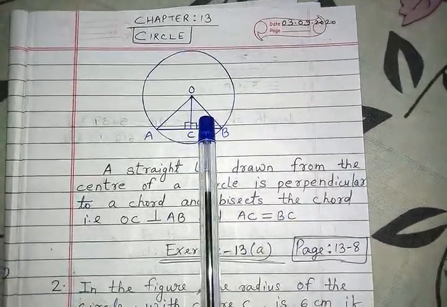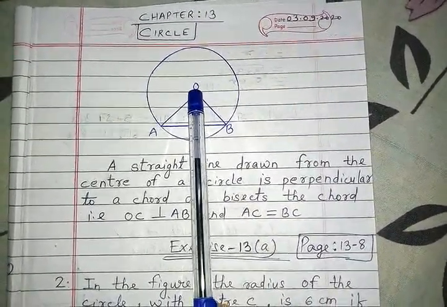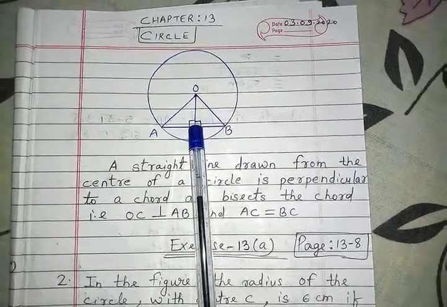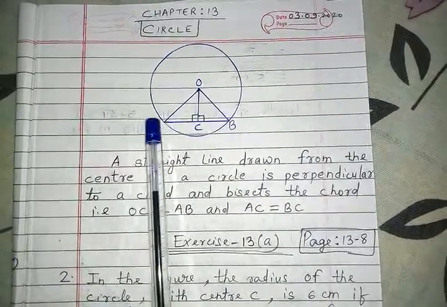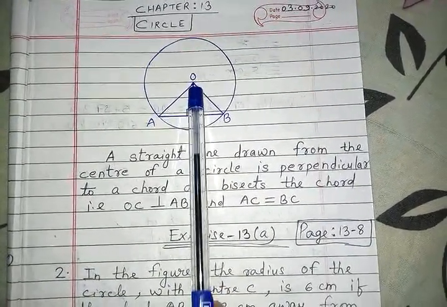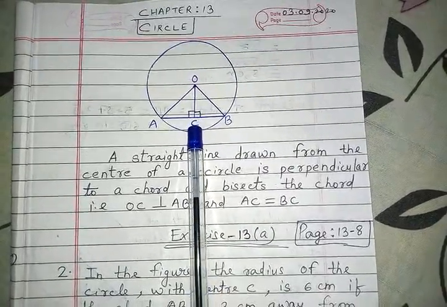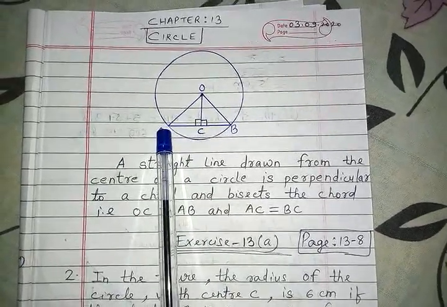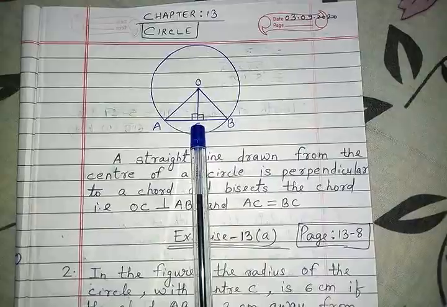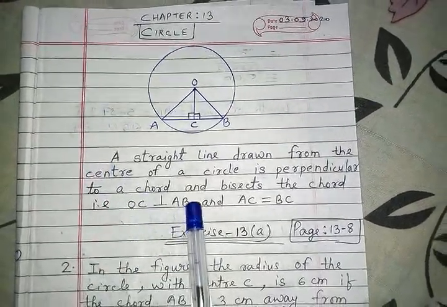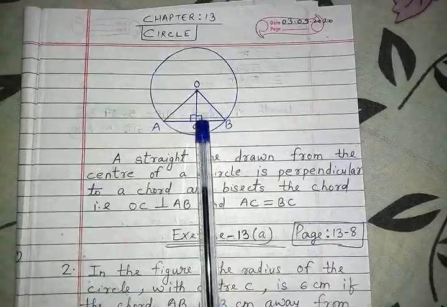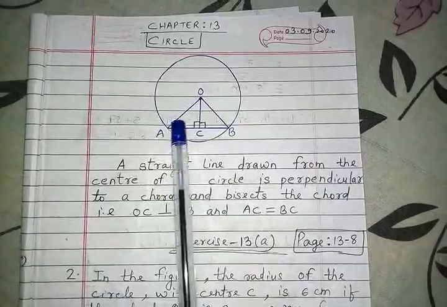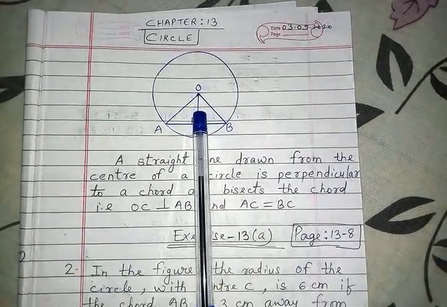That means whenever a line comes from the center of a circle and passes through the chord, like this OC, which comes from the center of the circle and touches the chord AB at C, in such a condition the theorem says this OC will be perpendicular to AB.